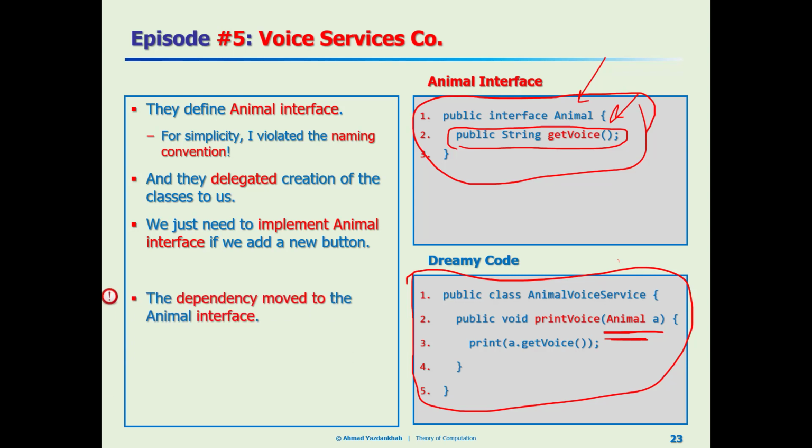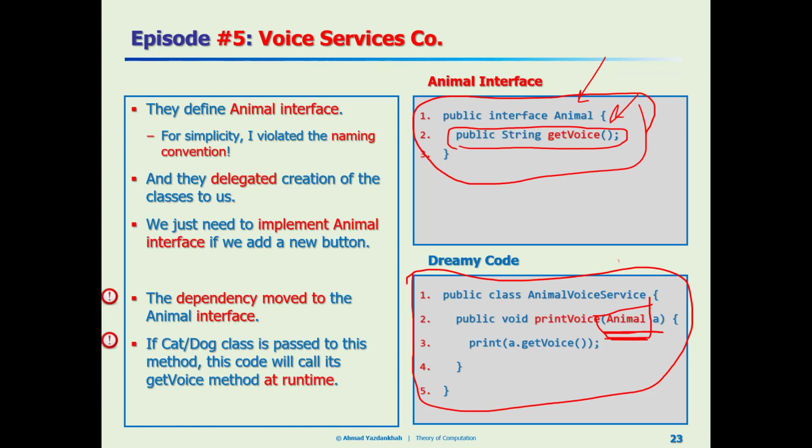So in this case, the dependency moved from concrete classes like cat and dog to an interface. Now, when a class is passed to this method, for example, if we pass a cat object here, what would happen? At runtime, Java will decide which get voice it should call.